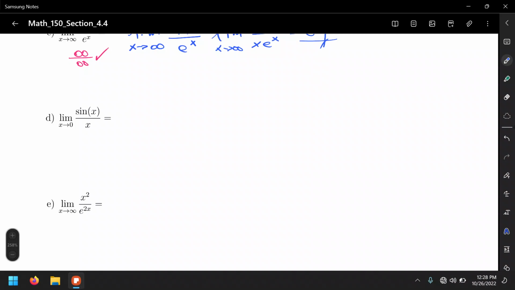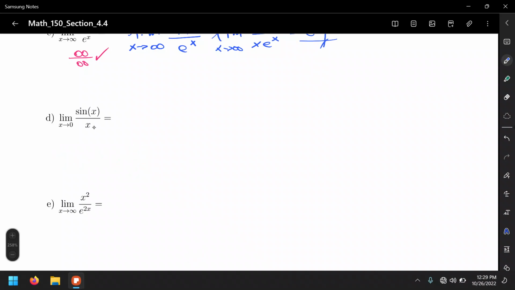And we also use this limit to compute limits that look like, maybe, limit of sine 5x over 3x. Then you might want to have the same coefficients, 5x and 5x, so we multiply and divide by 5, to make that limit look like the general limit sine u over u.